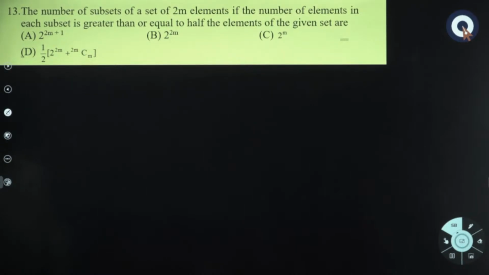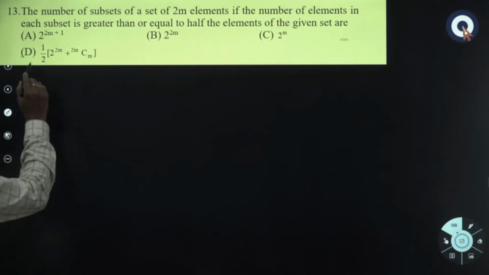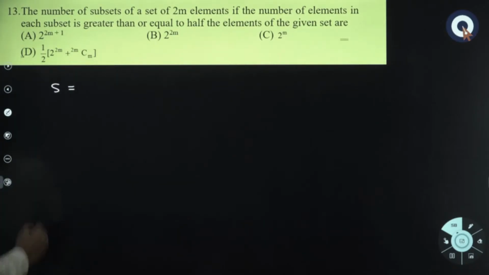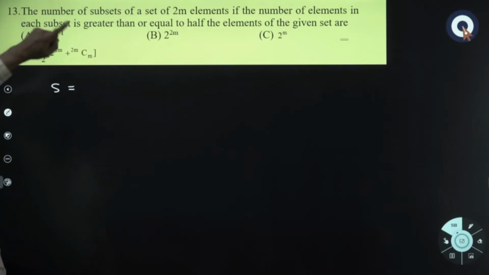The number of subsets of a set of 2m elements, if the number of elements in each subset is greater than or equal to half the number of elements given. So it is similar to the problem that we have done already. See, the set contains 2m elements. Each subset should have greater than or equal to half the elements in the given set.